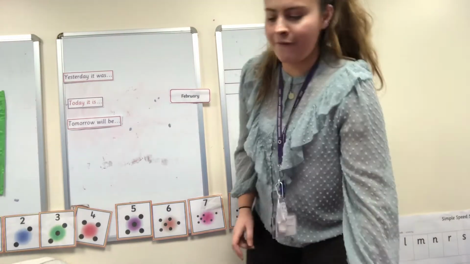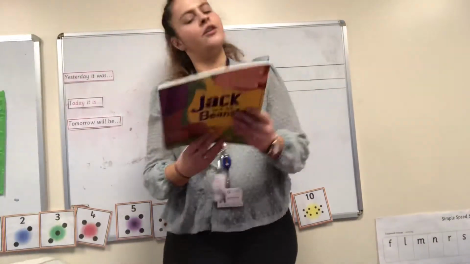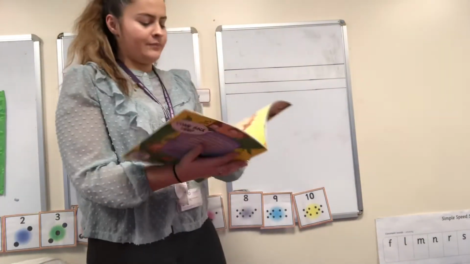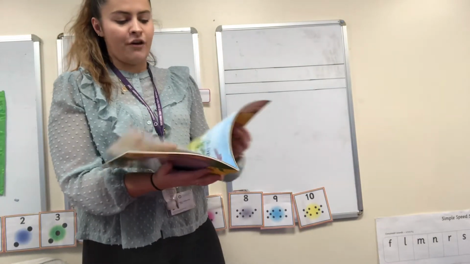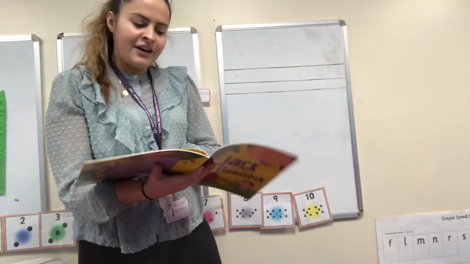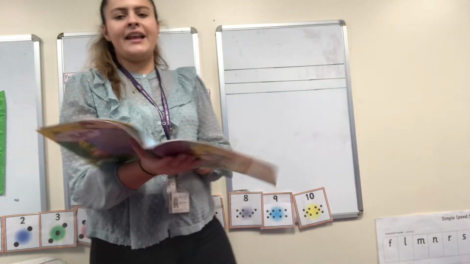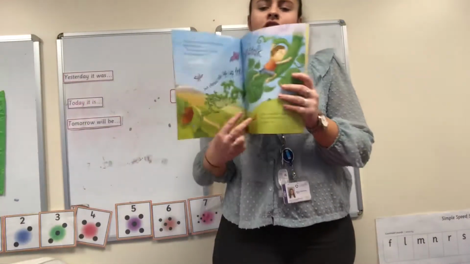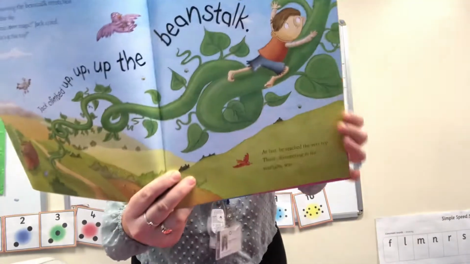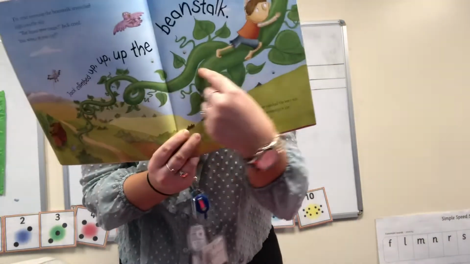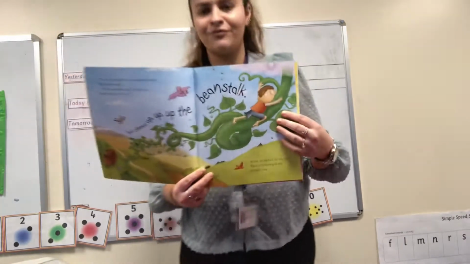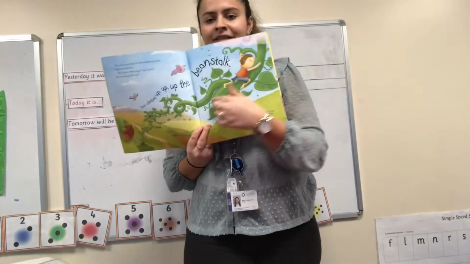So, our first sentence, let's have a little look what we could write about. I know you've already written about Jack, and I know you wrote about his mum with Miss Smith. So, let's have a little look at this page. Jack went up here, didn't he? Can you remember what this is called? That's right, Jack went up the beanstalk.